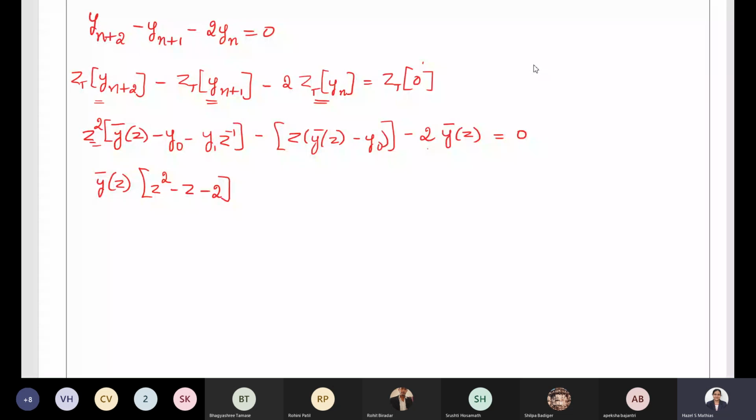Then what else is remaining? Here we have Z square into y0 minus Z into y0, then minus y1 into Z power minus 1 into Z square, which will be Z. Then minus of minus y0 will be plus y0, that is equal to 0. This is what we get.